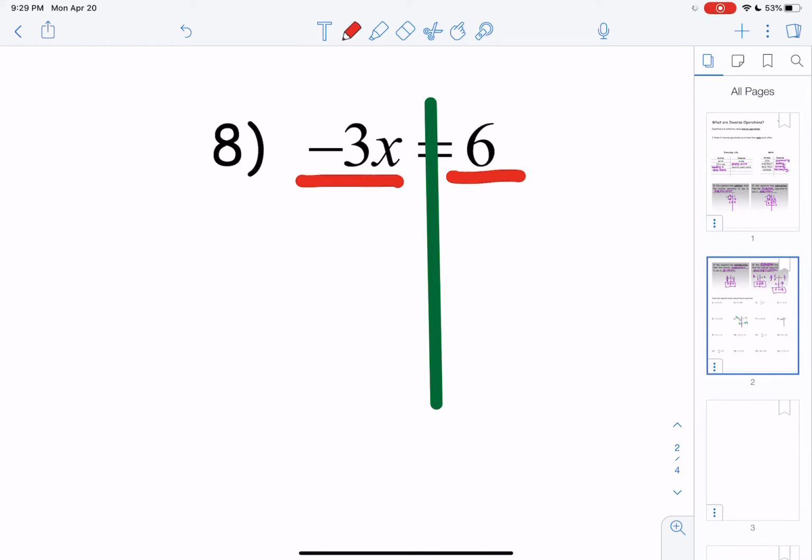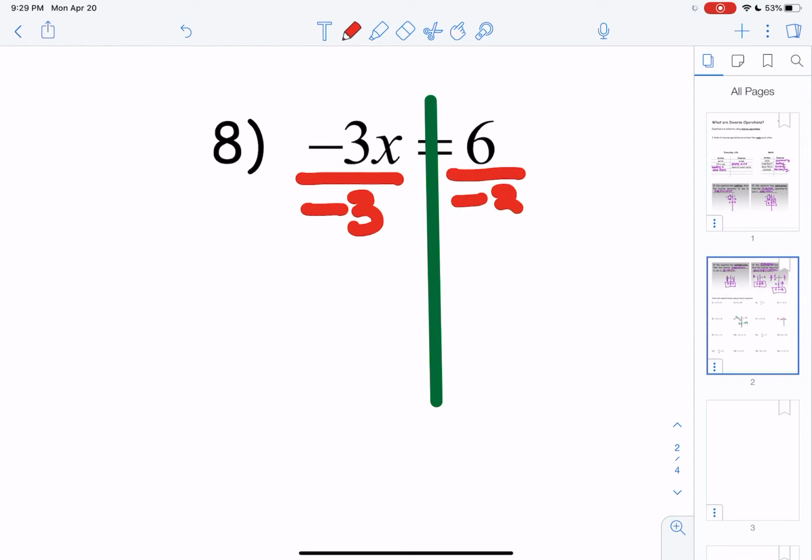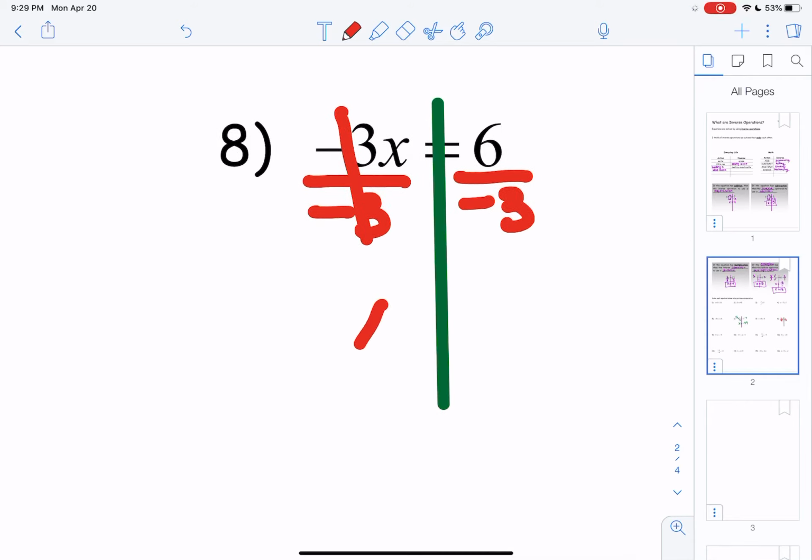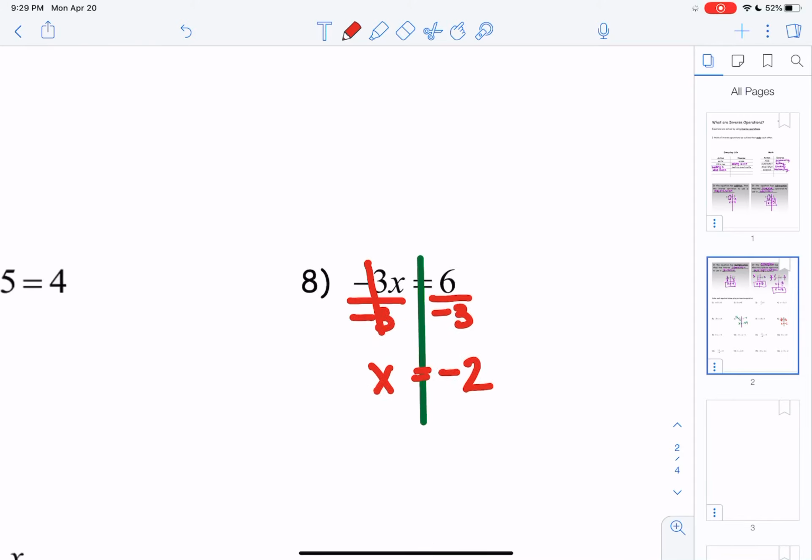What do you think I'm going to divide by? Hopefully you said negative 3 and not just 3. Remember, we do it on both sides. These are equal to 1. x equals a positive divided by a negative, which is negative. 6 divided by 3 is 2. So I get x equals negative 2.